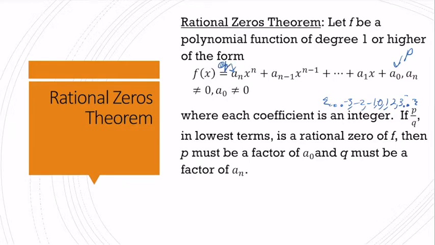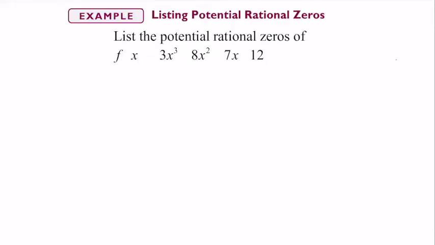So let's take a look at what this means. So, okay, if I have f of x equals 3x cubed plus 8x squared minus 7x minus 12, I want to take all my possible p's, which are the factors of 12, and all my possible q's.